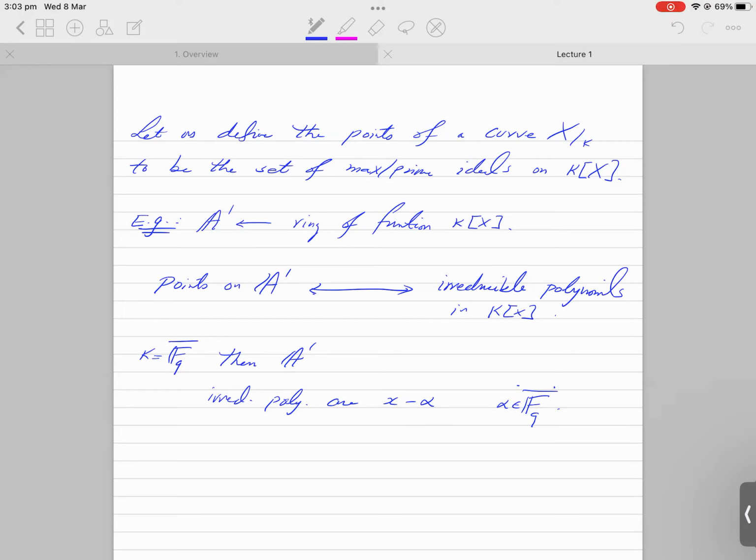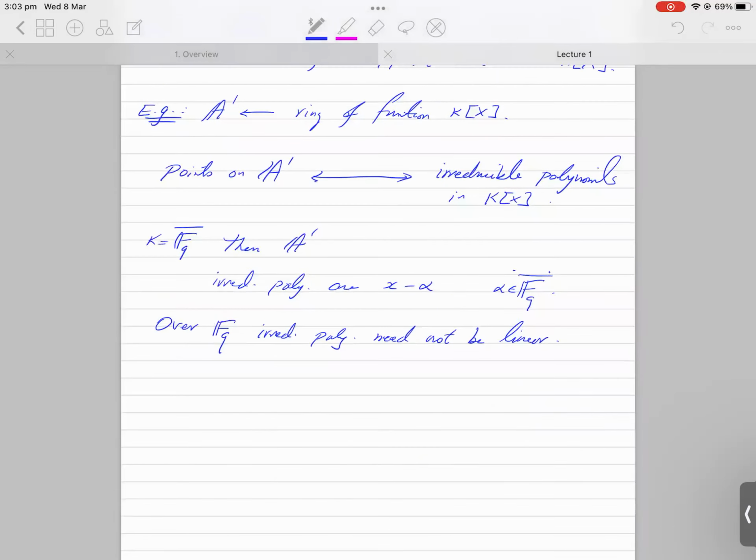So if you're over C, then the points of the line are just in bijection with elements of C, which is what we hope is true, that the complex line is just what we think the complex line should be. But if we're working over a field which is not algebraically closed, then of course, irreducible polynomials need not be linear. So over F_q, irreducible polynomials need not be linear.